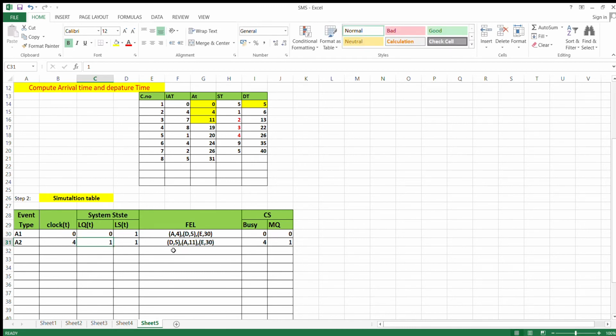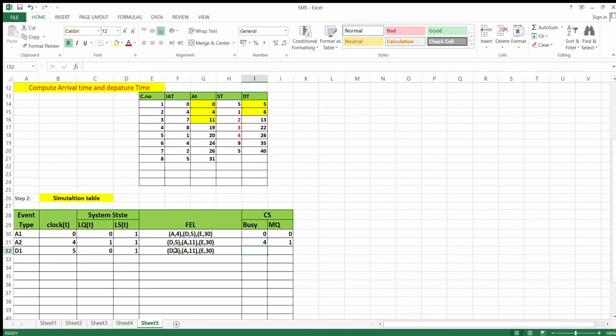Now out of these, the minimum is 5. Clock 5. The event type is departure D1. So A1 went out of the system, no customer in the queue. So A2 will move to the service. We remove the departure, which means we add the next departure: D6, A11, E30.